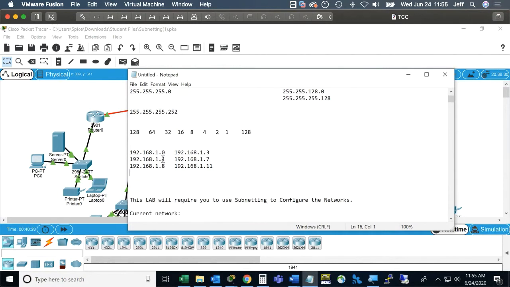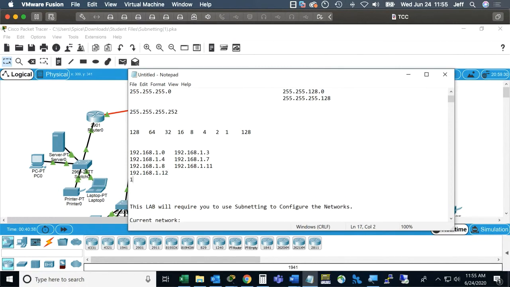So these networks, the nice thing is the network IDs go up by 4 because we have 2 bits, right? We can have four IPs, so each network is going up by 4. So what I do is I usually just do all the network IDs because it's so much easier to do it in my head that way, right?